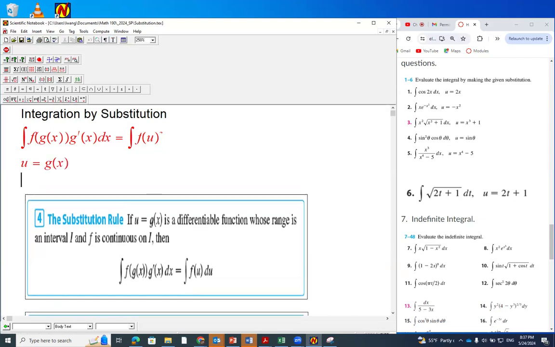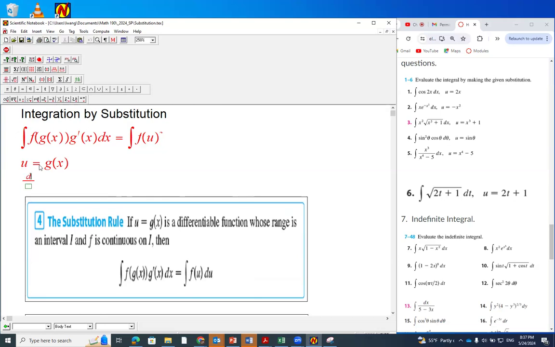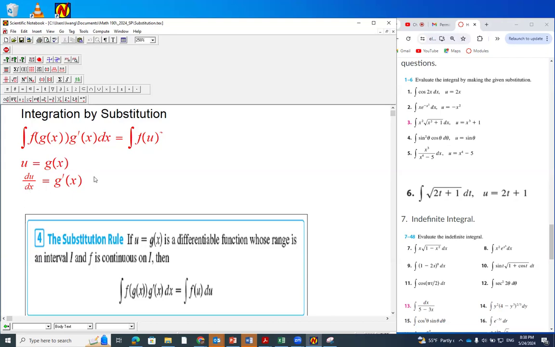Then the derivative of u with respect to x would be g prime of x. So as we substituted g by u, what is g prime of x multiplied by dx? From this relationship, if I multiply both sides by dx, du would be equal to g prime of x multiplied by dx.